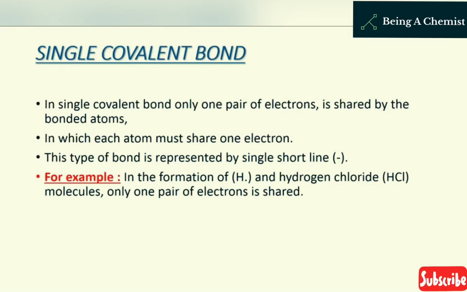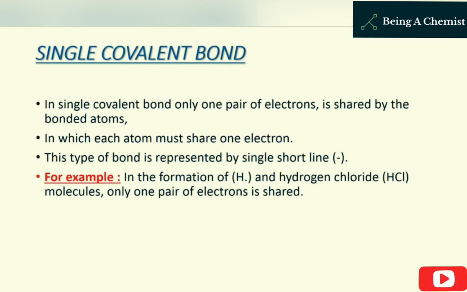Single covalent bond. Now we are going to have a look at the types of covalent bonds. The first type is single covalent bond. In single covalent bond, only one pair of electrons is shared by the bonded atoms, in which each atom must share one electron. This type of bond is represented by a single short line. For example, in the formation of hydrogen and hydrogen chloride molecules, only one pair of electrons is shared.